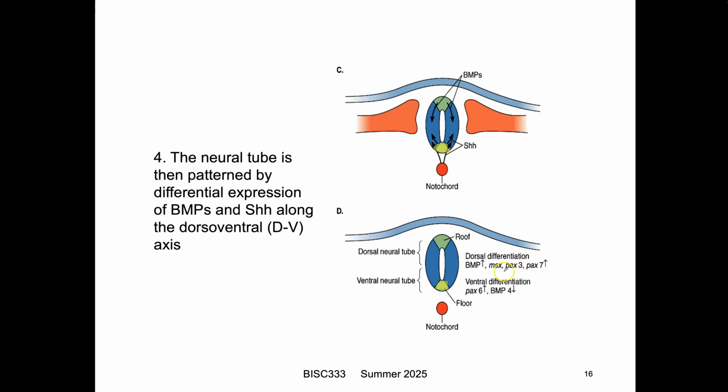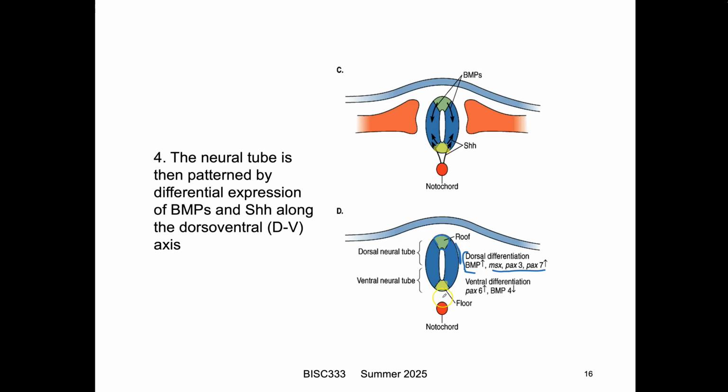No, I didn't eliminate. So there will be a couple of genes. Basically, the roof plate is the source of BMP signals, and these BMP signals are specific for dorsal differentiation. And so these are the three transcription factors that are expressed in the dorsal side.